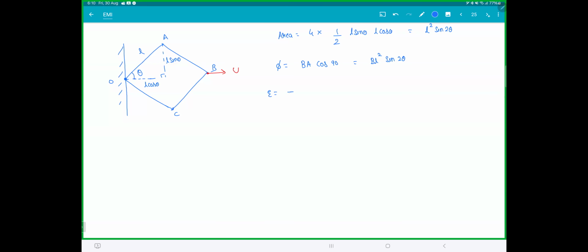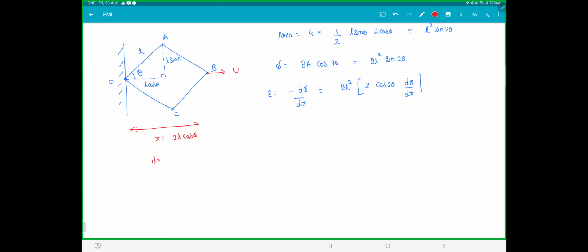So EMF will be minus d phi by dt. You end up with BL square 2 times cos 2 theta d theta by dt. How do you find d theta by dt? Now, if you look at this distance here, x, that is nothing but 2 times L cos theta.